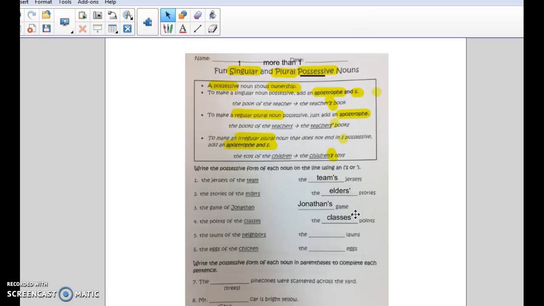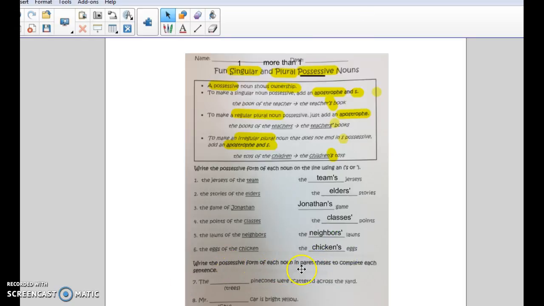If you cover it up, you still have plural classes. The lawns of the neighbors. Well, already have the S on the end because we're talking about more than one neighbor. S apostrophe. The eggs of the chicken. Well, it's only one chicken. Apostrophe S. The chicken's eggs.